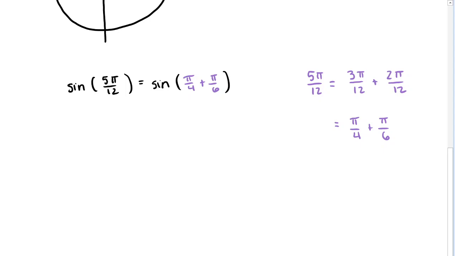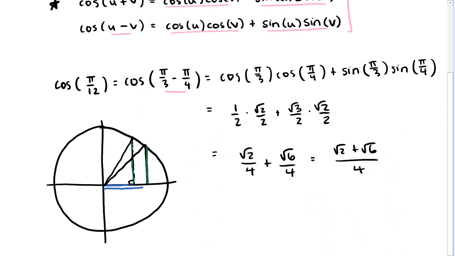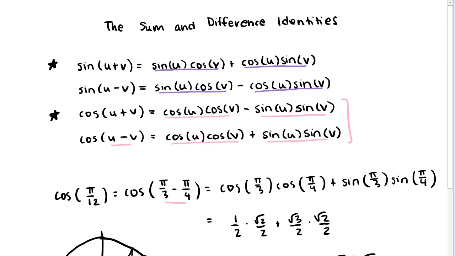And now we can use our angle sum identity for sine. The angle sum identity for sine tells us to evaluate sine and cosine at our two different angles, and add that with evaluating sine and cosine at the same angles, but in reverse. So sine of u, the first angle, times cosine of v, the second angle, plus cosine of the first angle times sine of the second angle.